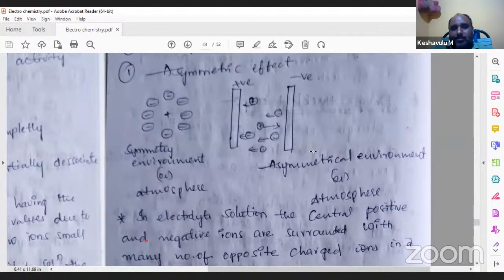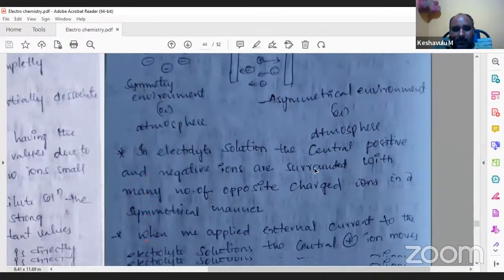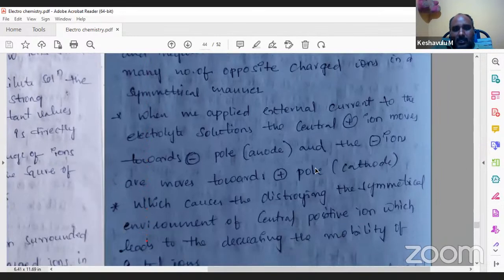That is the thing, right? It means you are influenced by your friends. Like that, this positive central ion is influenced by these negative ions. The mobility of this central ion becomes very low, due to the attraction of the negative ions. That process we call the asymmetric effect.